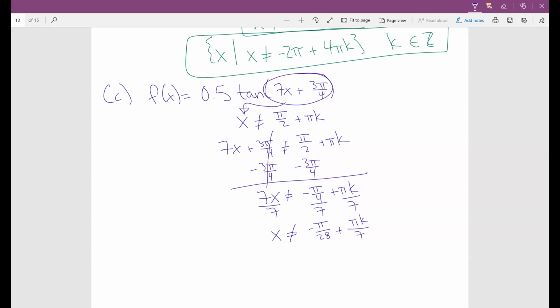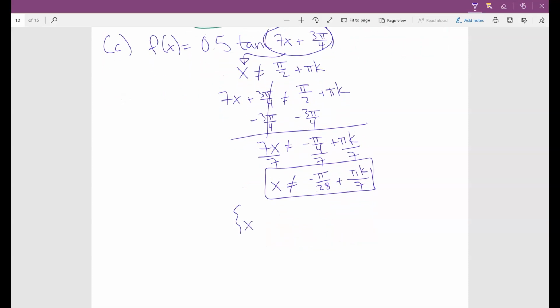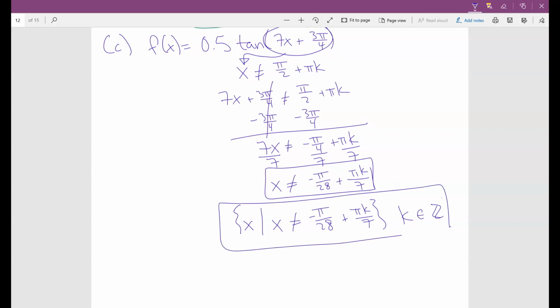This is the equation of the asymptotes. So now all I have to do is find the domain. It's going to be all values of x such that x is not equal to negative pi over 28 plus pi k over 7. And again, k belongs in the integers. That's basically it to find the domain. Not that difficult. Just make sure that you look at the inside. The outside stuff is going to try to trick you. But this is basically how you would find the domain and the equation of the asymptotes.